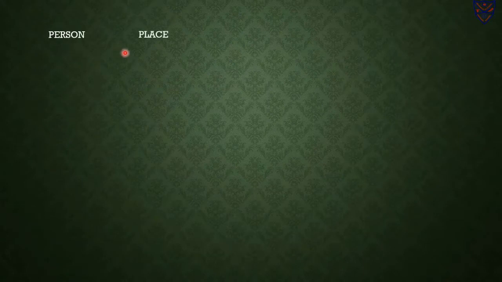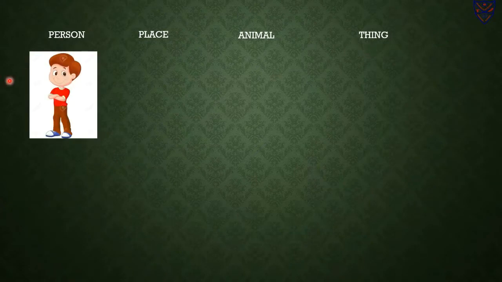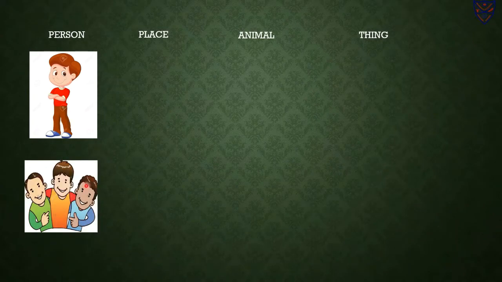Person, place, animal, thing. Students, a noun is a name of a person, place, animal or thing. Here you can see a boy, one boy. Here you can see boys, more than one boy, right?